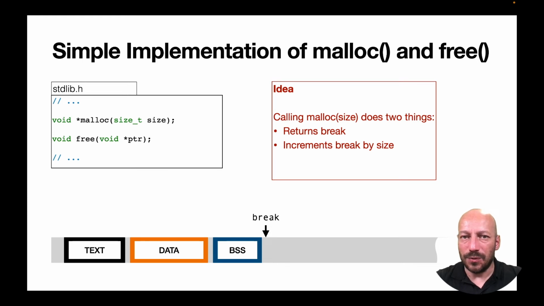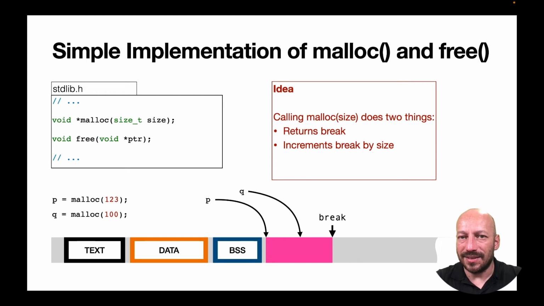And that means if you would call this implementation of malloc with parameter 123, it will return the current value of the break pointer, but afterwards the break pointer would be incremented by 123. And if you then would call malloc with parameter 100, you would return the current value of the break pointer, but afterwards it's incremented by 100.